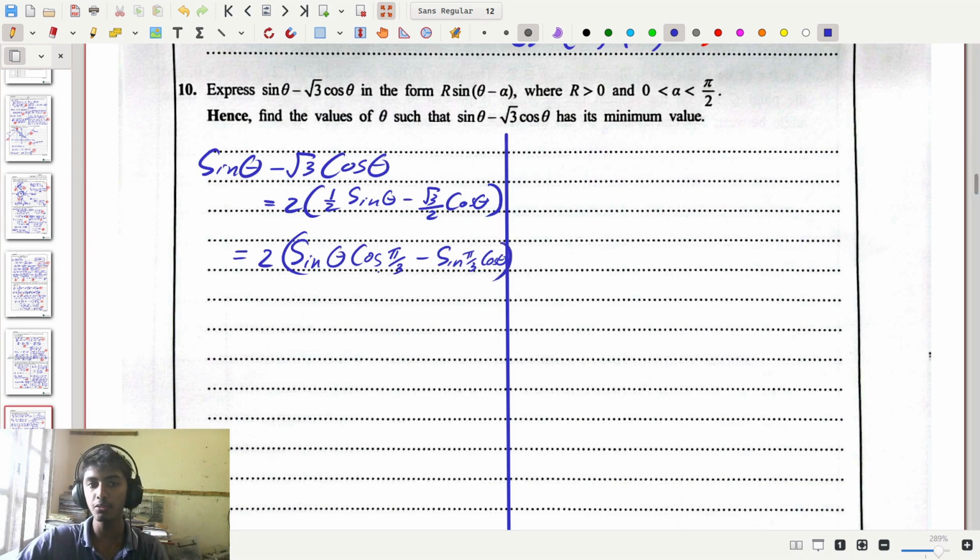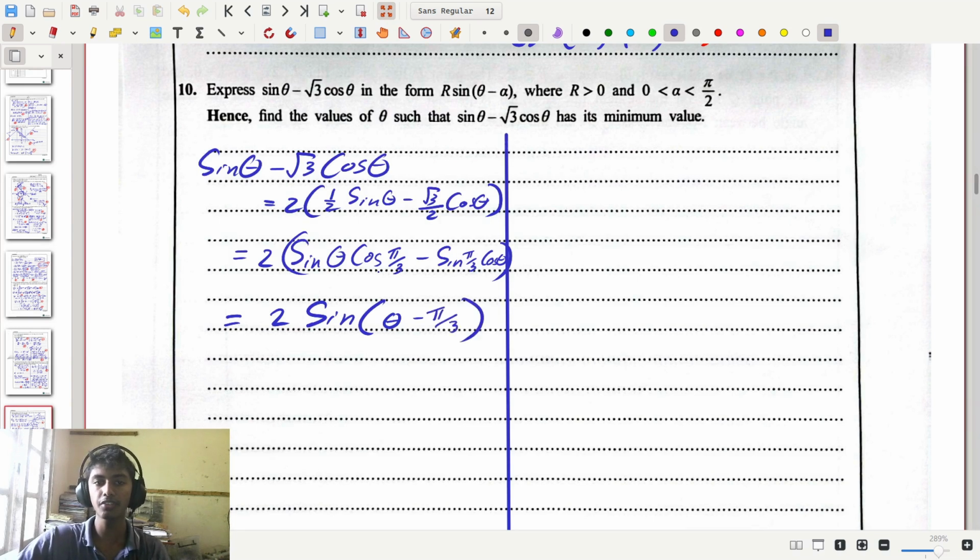So now that we have this, we can convert this into a single angle. We can do that because the sine of a minus b is equal to the sine of a times the cosine of b minus the cosine of a times the sine of b. So if we do that in reverse, this is going to be equal to 2 times the sine of theta minus the second angle, which is pi by 3.